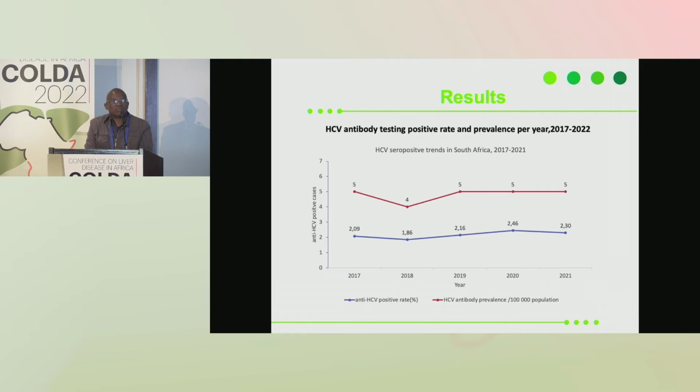Looking at the prevalence per 100,000, it was the same pattern, where only 2018 was below with 4 per 100,000, but other years were consistently showing 5 per 100,000, which showed that in South Africa, basically the prevalence is not changing.